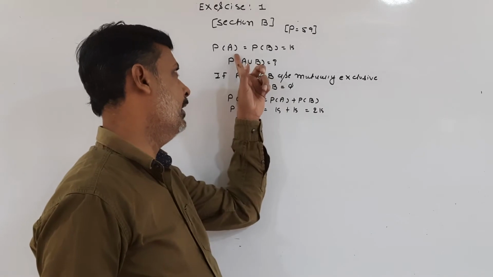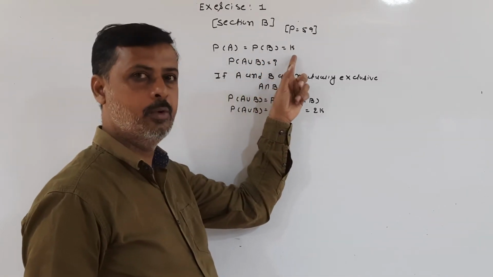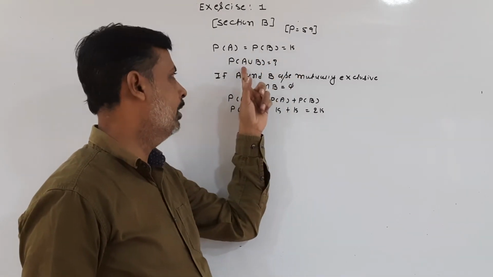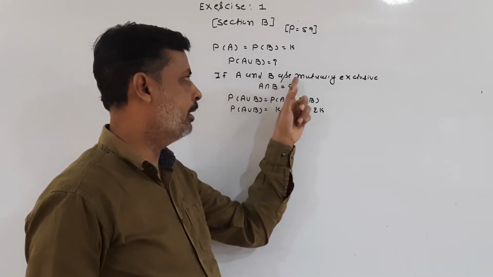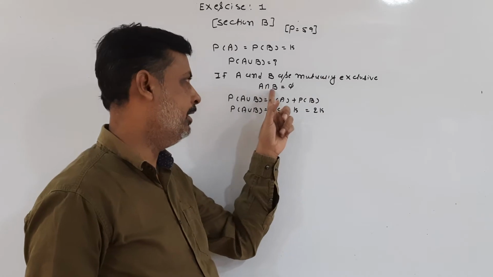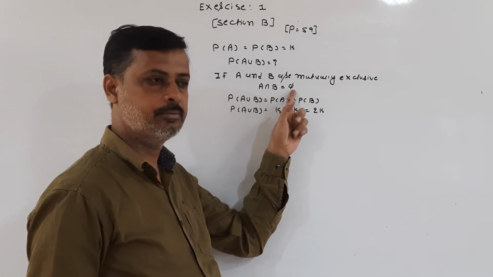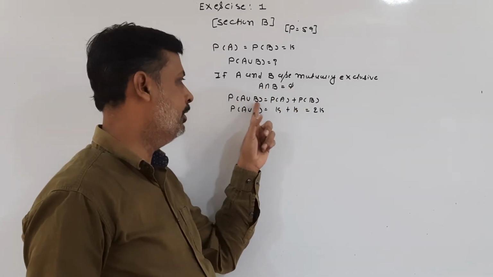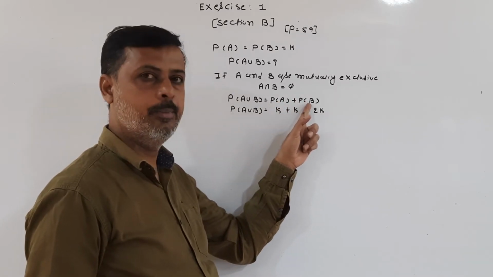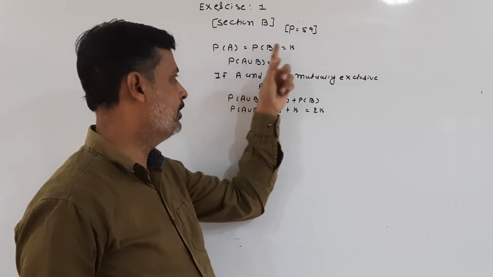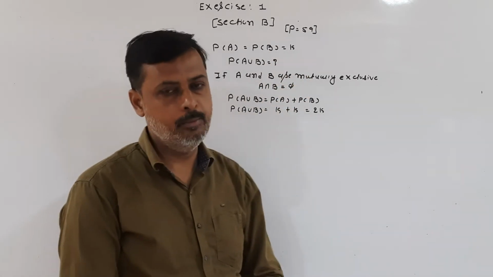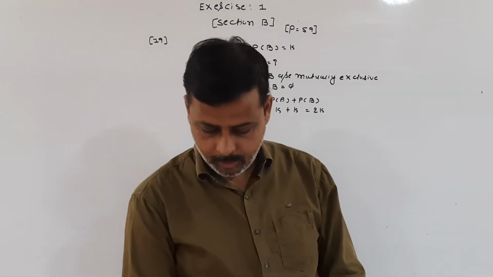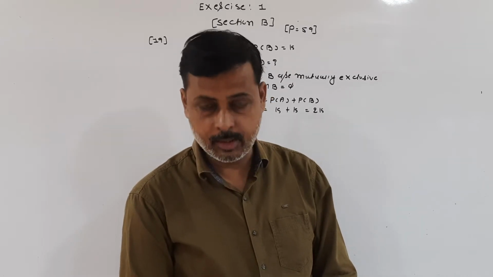So A union B is equal to P of A plus P of B, that is 2K.